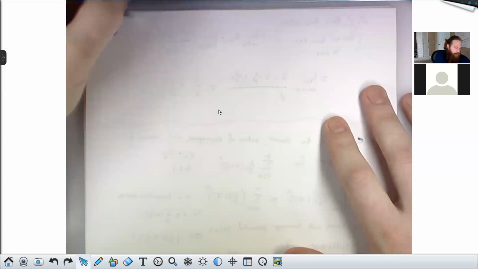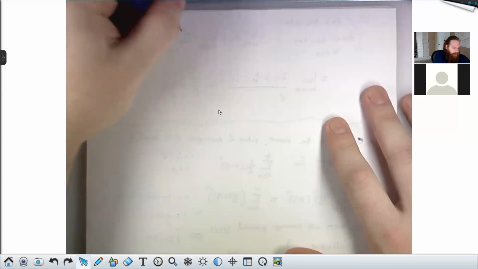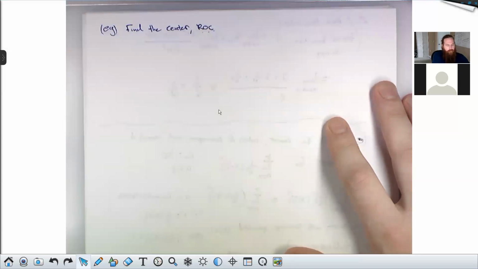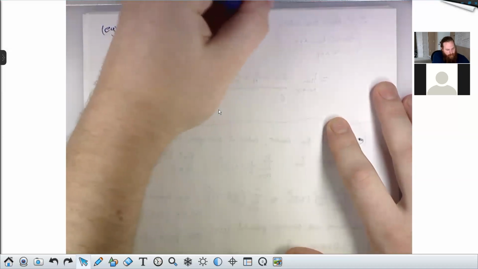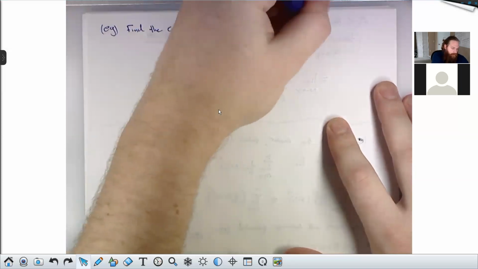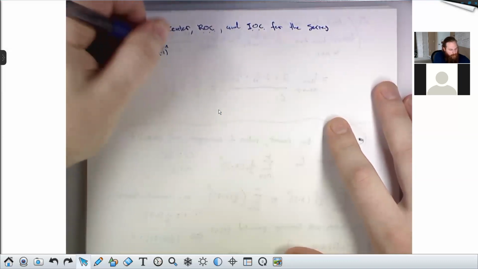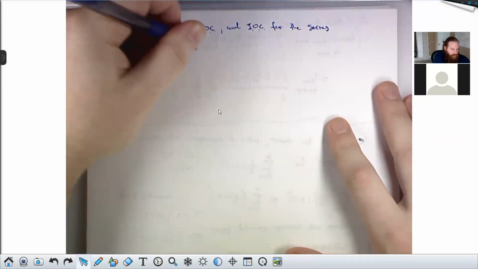Let's find the center, the radius of convergence (ROC), and the interval of convergence (IOC) for the series sigma n from 0 to infinity of (-1)^n over 2n plus 1 times x to the 2n plus 1.